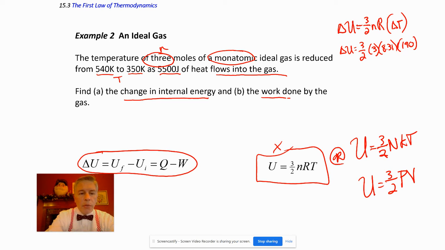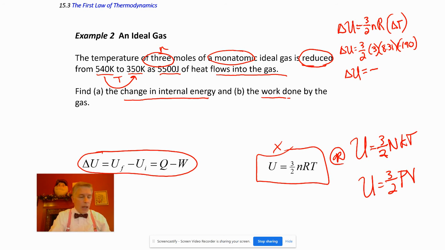But it's going from 540 down to 350, so we'd actually do final minus initial. We're not going to do high temperature minus low temperature anymore, because I need to know if the internal energy is decreasing or increasing. They give us the clue that it's reduced, but it might help to put a negative sign on there. We should get a change in internal energy that is negative when we calculate this.